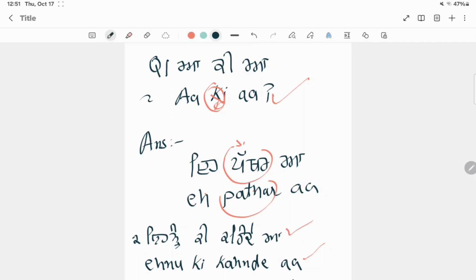You can also use a kia or a kia as well. It's the same thing. When something is near to you, like next to you, then you can use a or a, all right? It means this, all right? So you can keep a or a, and then you're gonna put the name of the thing.